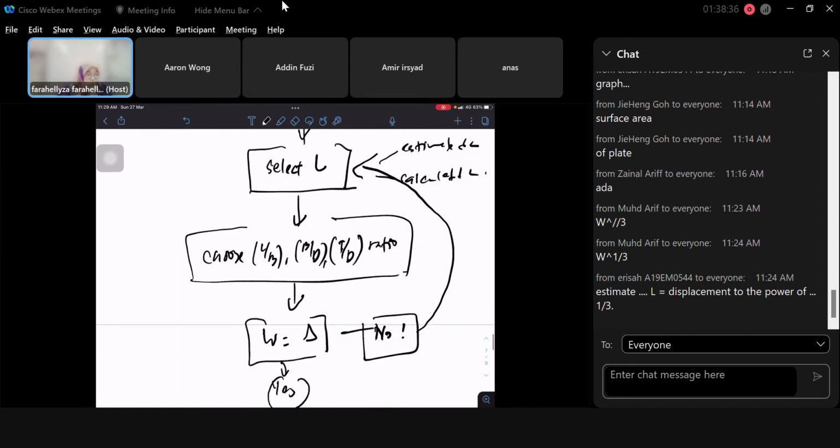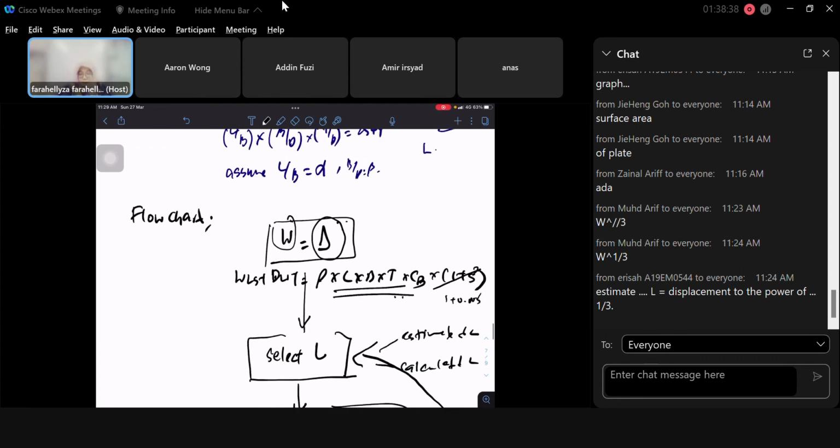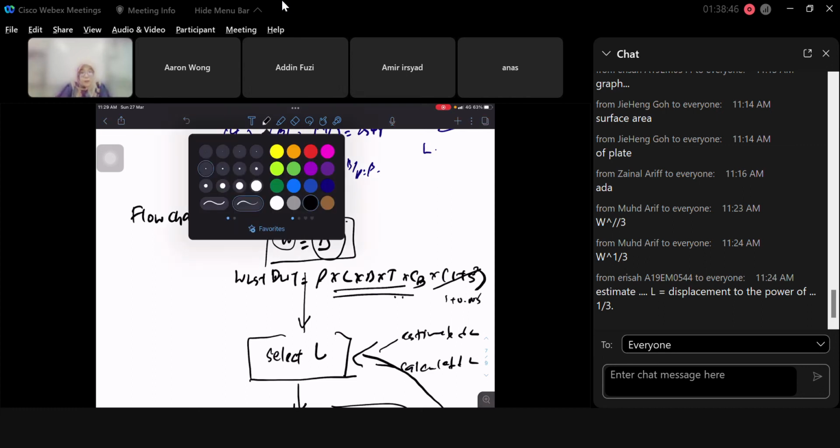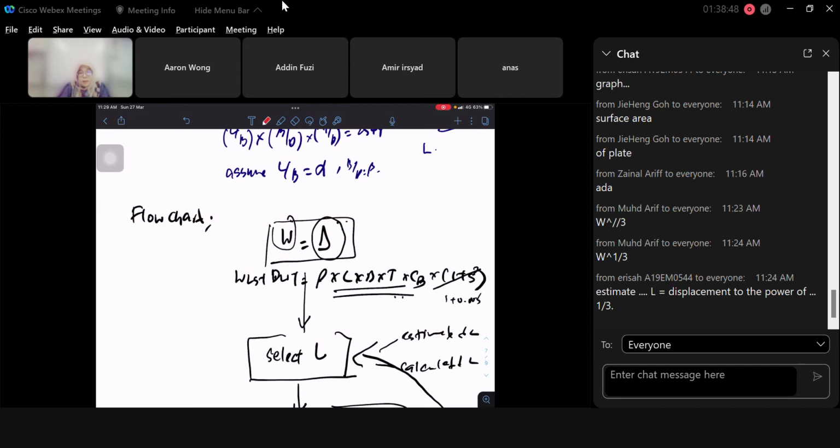How are you going to know the required displacement? Anyone? How are you going to know the required displacement for this one?